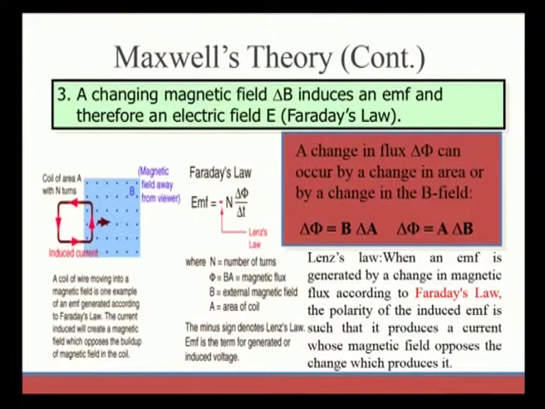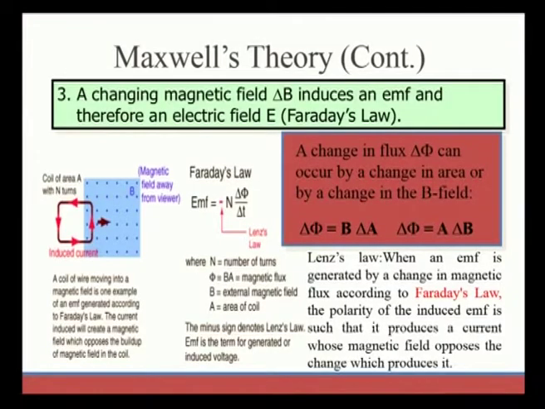Next we move on to another important thing which will help us in the proposal of Maxwell's equations, that is a changing magnetic field. Delta B represents a change in B. The change in the magnetic field induces an EMF and therefore an electric field E. Whenever there is a change in the magnetic field, it will induce an EMF and produce an electric field.